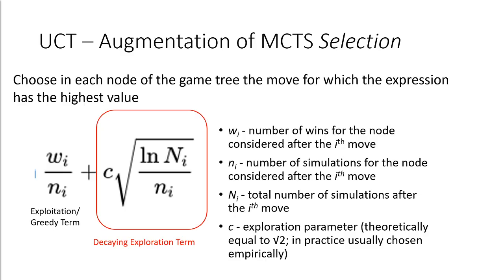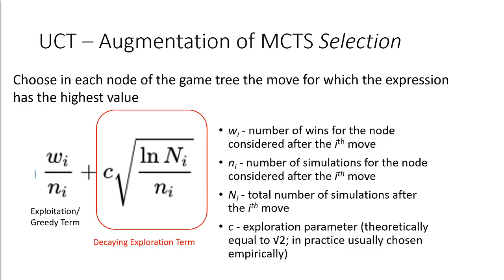So in terms of going through a branch, the lowercase n is that number, but the uppercase N reflects the total number of simulations. So take the natural log of that divided by n, the local simulations of the branch, square root of that, and then multiply times c, which is this exploration parameter to be able to tweak things.